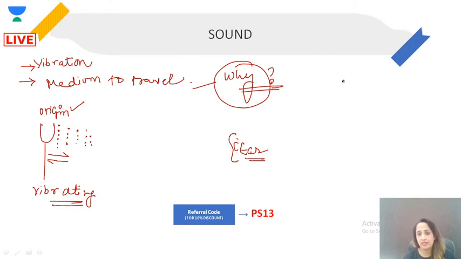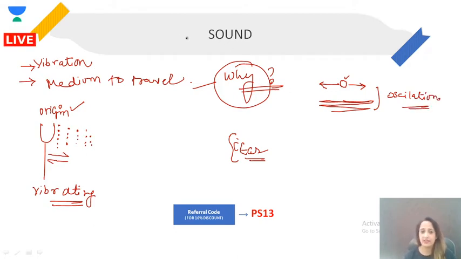Let's say this is the middle point, it moves in this direction, then moves in this direction, then comes back to the center, and so on. This is called vibration, or oscillation. If you have seen a pendulum, that is exactly what vibration or oscillation is.